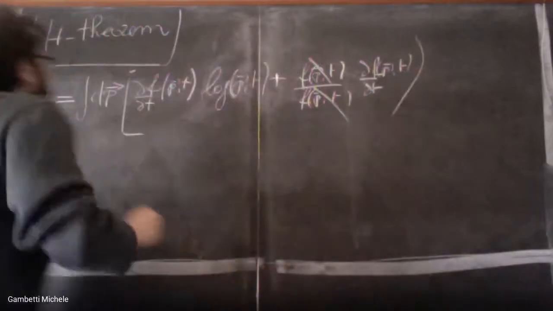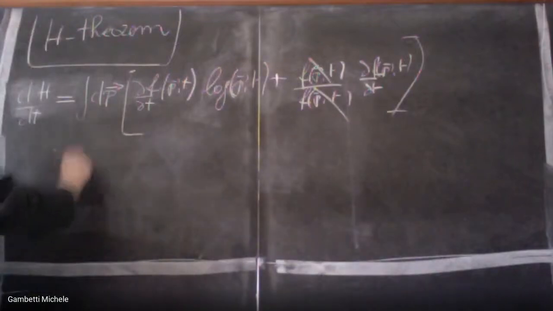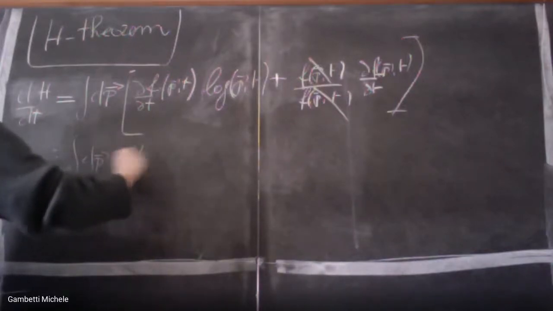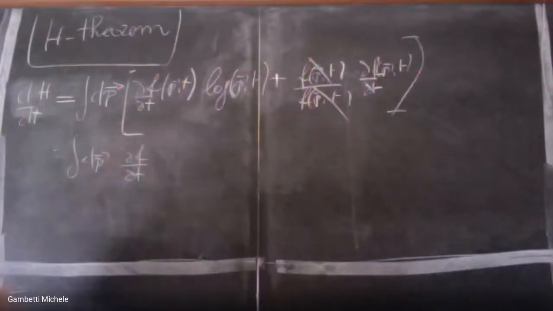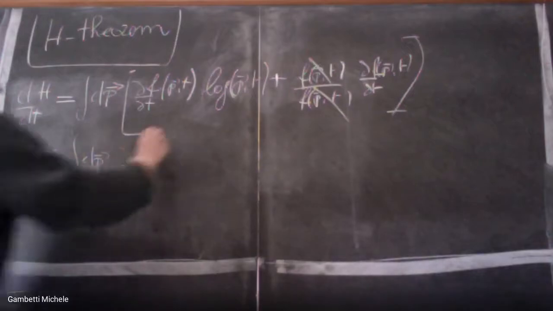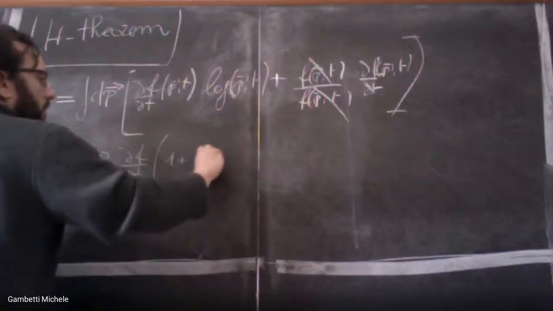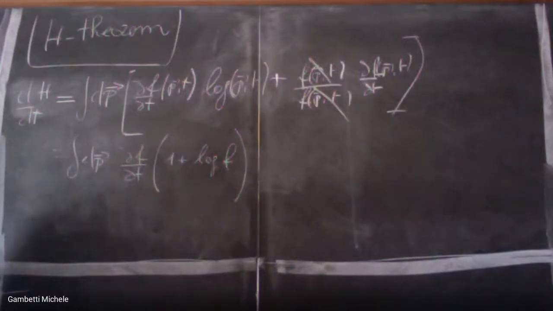Which is equal to the integral over dp of df/dt, let me remove the p t dependence just to write a little bit less, because it's just one black box, times 1 plus log of f. Okay, so far so good.